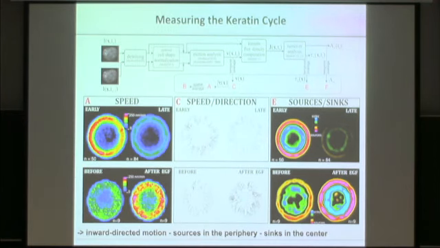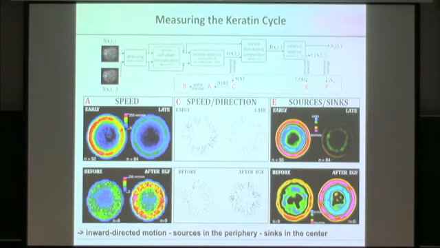The bulk flow analysis then gives you regions of assembly, which we refer to as sources, and net disassembly, which would be sinks. This goes very well with the scheme that I showed you before. The sources are in the cell periphery, the sinks are primarily in the perinuclear region.